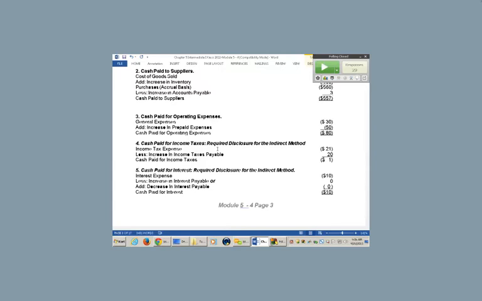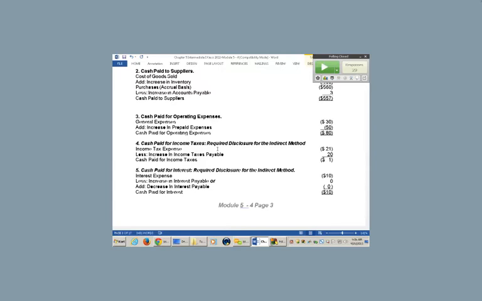If you go back to the income statement, you're going to find that your taxes were 21, but on the balance sheet, when you look at the changes for tax payable, your tax payable is going to be going up by 20. If they go up by 20, that means that those are taxes you didn't pay, and you only paid 1 for tax. And then finally on interest, it's negative 10 on the income statement, but there's no payable.